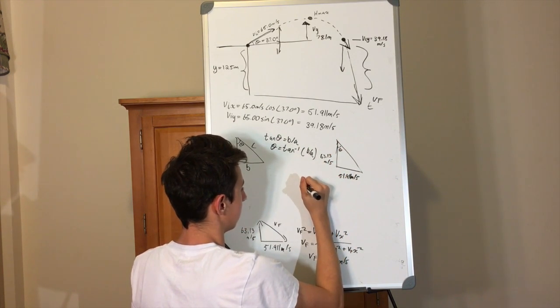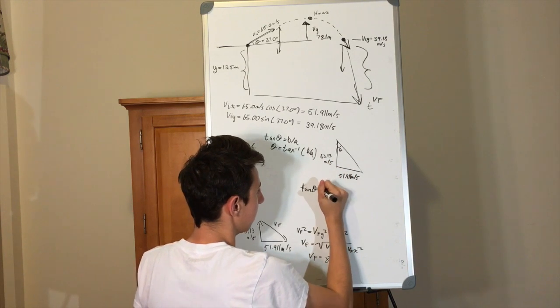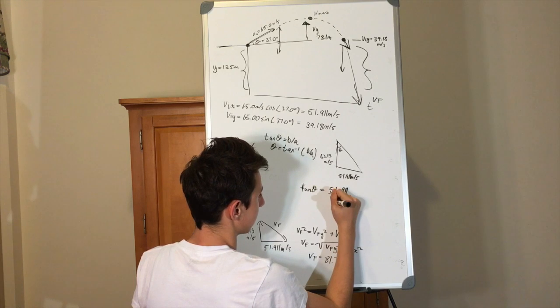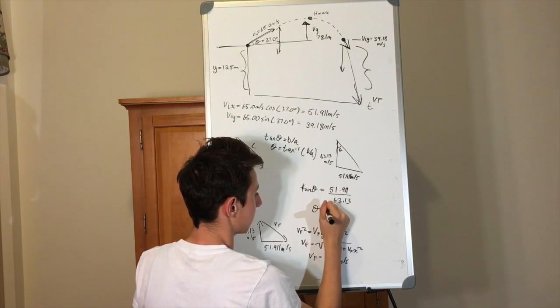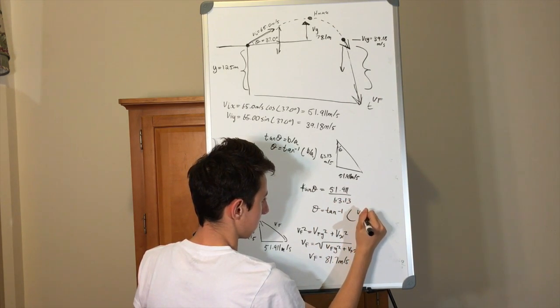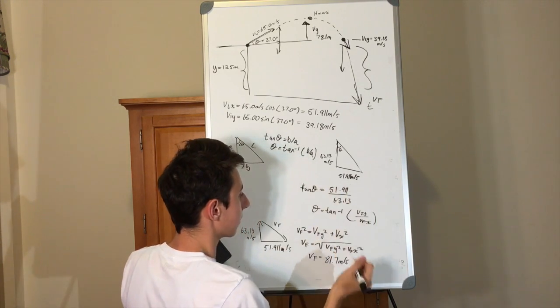So tangent of theta is TOA, we know, opposite over adjacent, is going to be equal to 51.911 divided by 63.13. We take the tan inverse of both sides to find our theta. And I'm going to just not write out the numbers, they're right here.